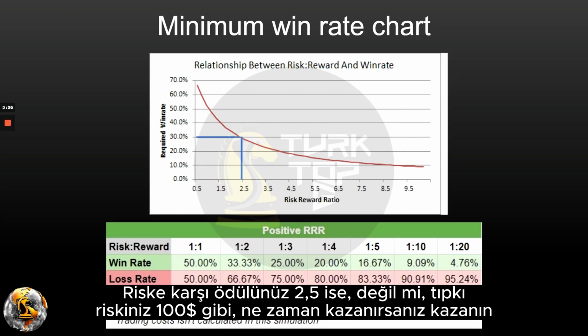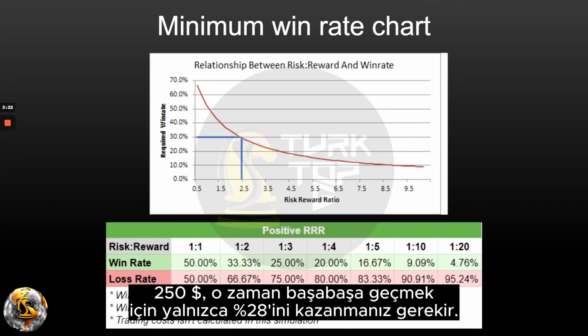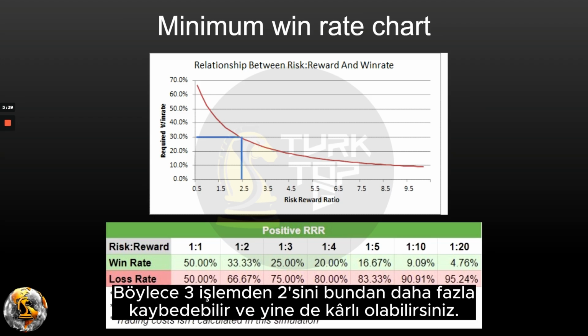If your reward to risk is 2.5, like you risk $100, whenever you win $250, then you only need to win 28.5% of the time in order to break even. So you can lose 2 out of 3 trades, even more than that, and still be profitable.